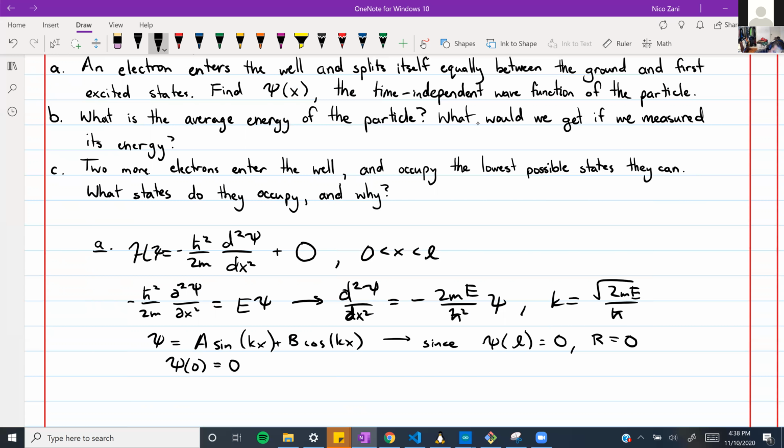And then saying that psi at L equals 0 means that n pi has to be equal to kL.